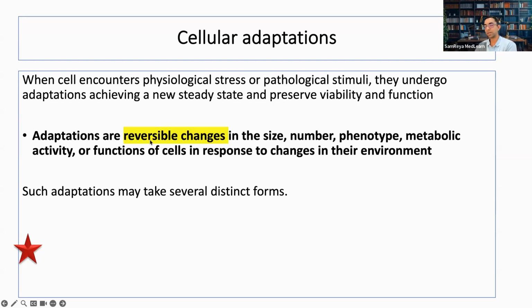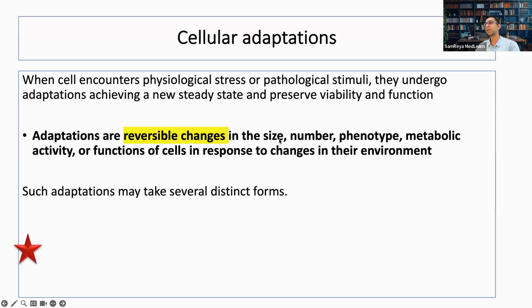One important feature that I have highlighted here is that adaptations are reversible changes. Reversible means that whenever the stimulus is removed, whether it is within the cell or outside, like I said, and I'll give you examples in a bit, the cell can go back to its original normal state.